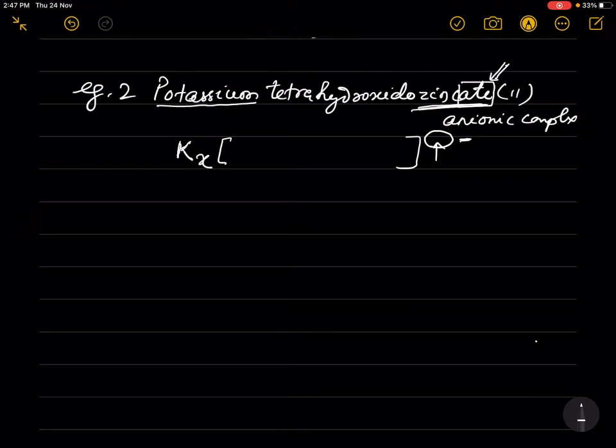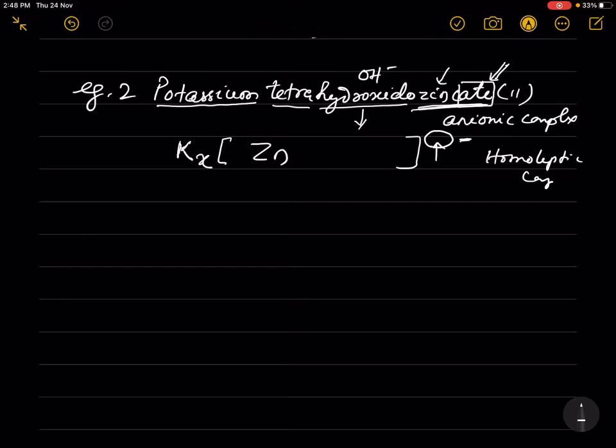Here it is zinc, so zinc is listed first. Then the ligands. Tetrahydroxido, only one type of ligand, means this is a homoleptic complex. Homoleptic complex means one type of ligands. Hydroxido means OH minus.